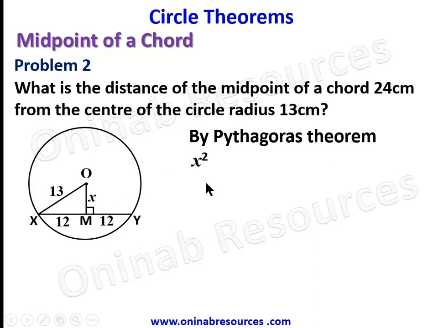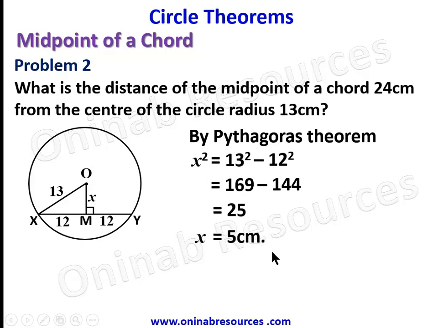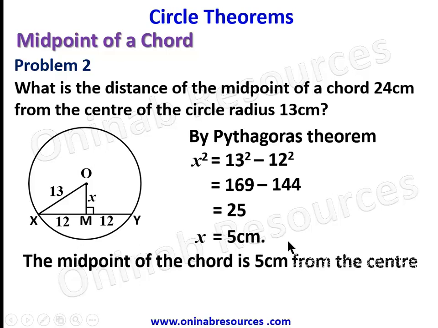So x squared equals 13 squared minus 12 squared. 13 squared is 169 minus 144, and this gives us 25. Since x squared is 25, x is the square root of 25, which gives 5 centimeters. Therefore, the midpoint of the chord is 5 centimeters from the center of the circle.